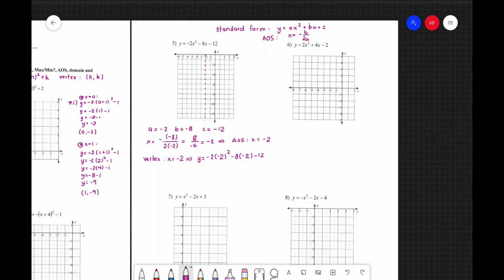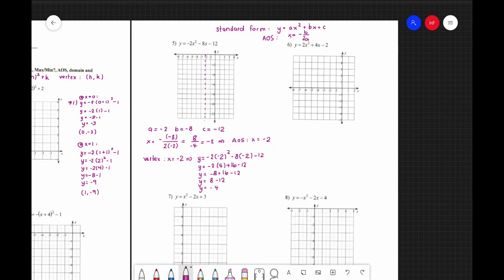So negative 2 times positive 4, negative 8 times negative 2, we get positive 16 minus 12. Negative 8 plus 16 minus 12. Positive 8 minus 12. Negative 4. So for our vertex, our y value is negative 4.